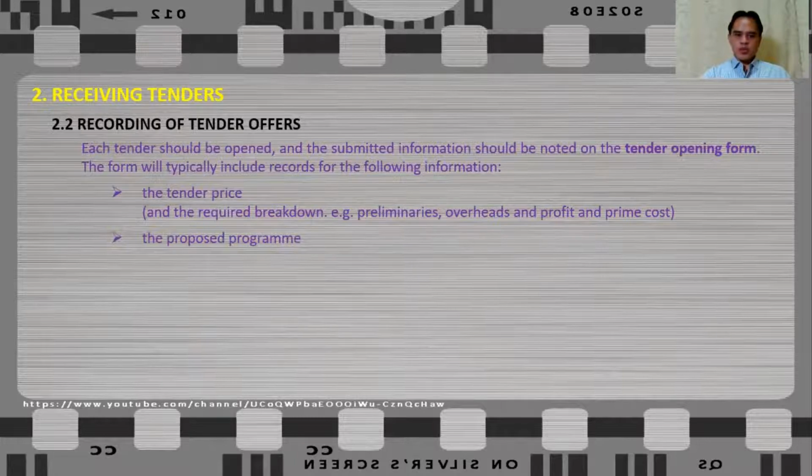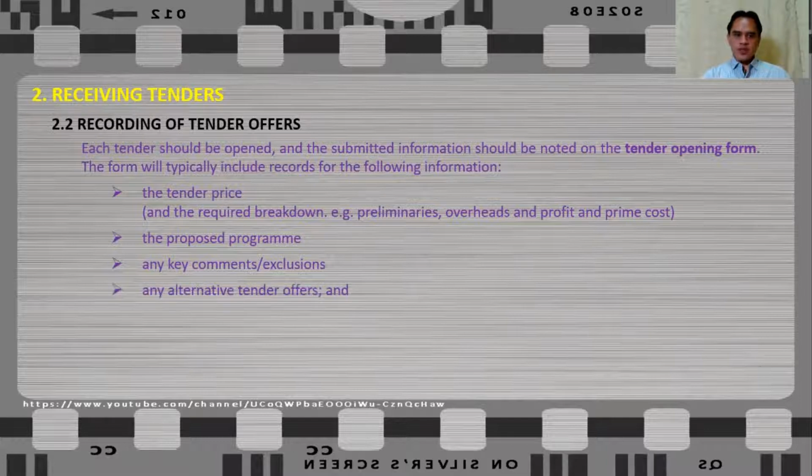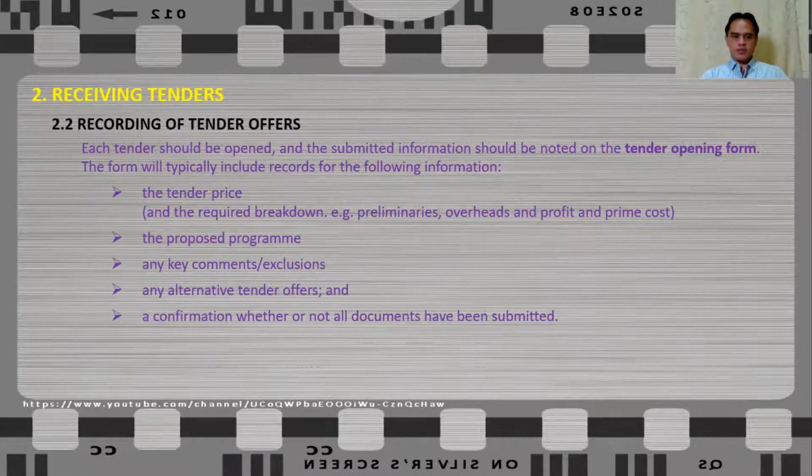The proposed program, any key comments or exclusions, have they excluded or did not price anything from the schedule of works, any alternative tender offers, and a confirmation whether or not all documents have been submitted.